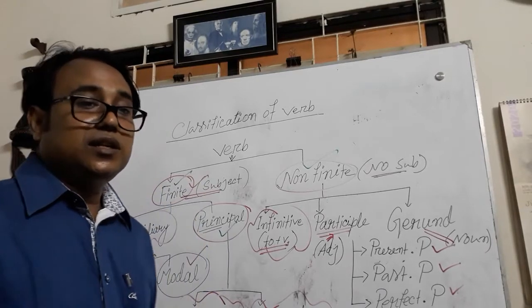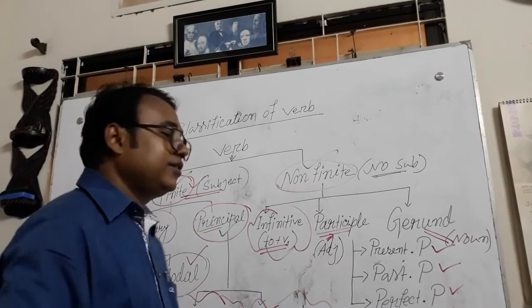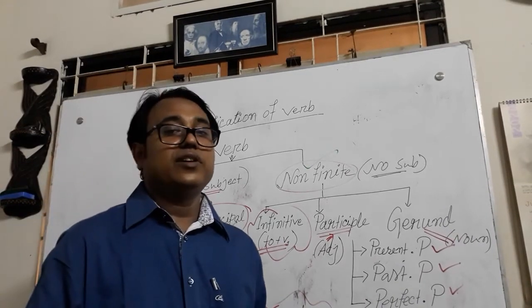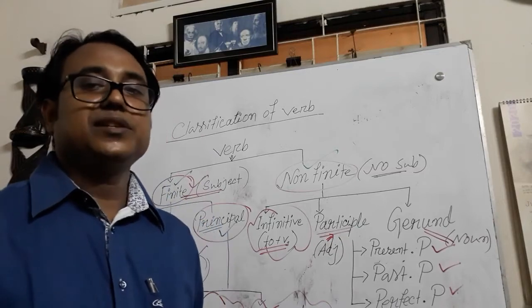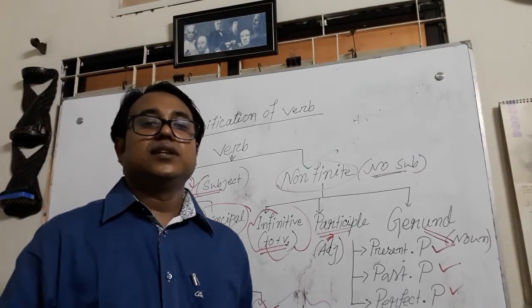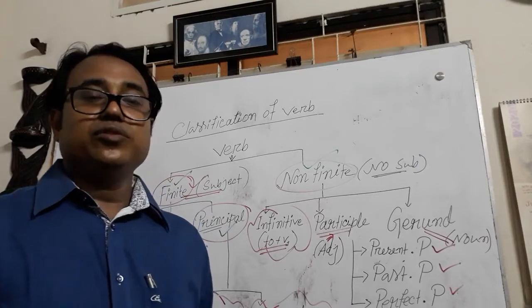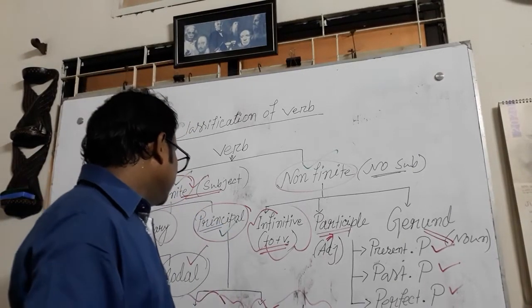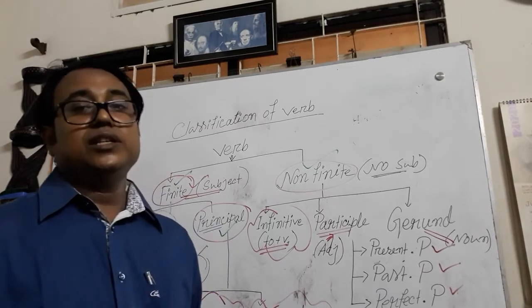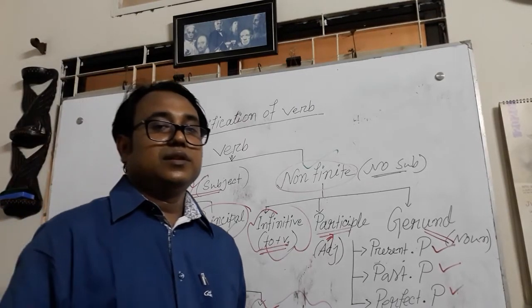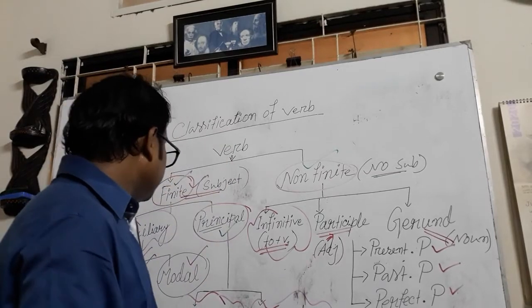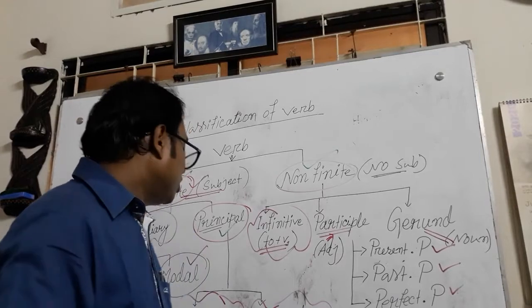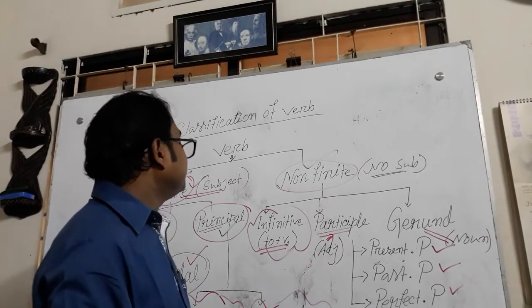Actually, transitive verb has object and intransitive verb hasn't any object. Dear learners, take notes or keep it in your mind that transitive verb has object and intransitive verb hasn't any object.